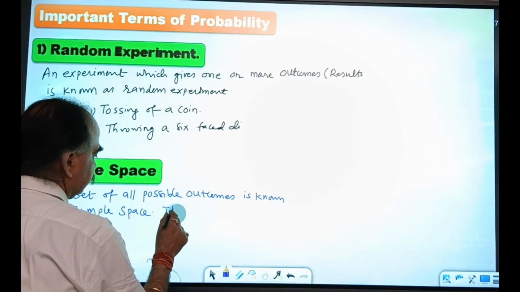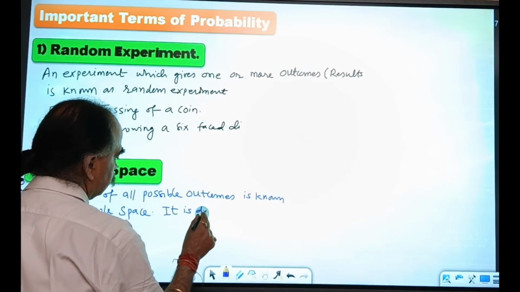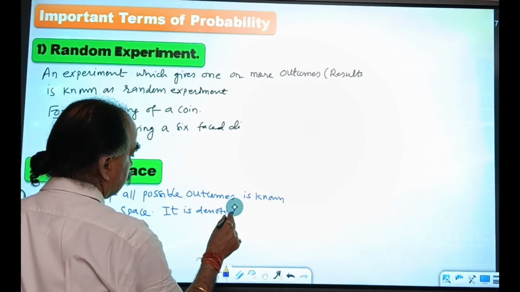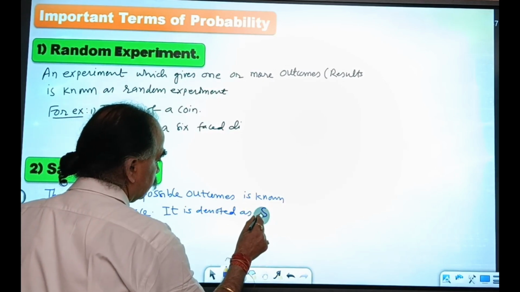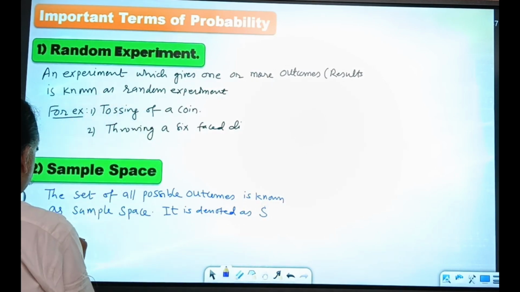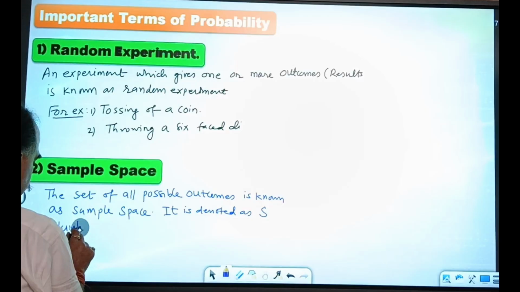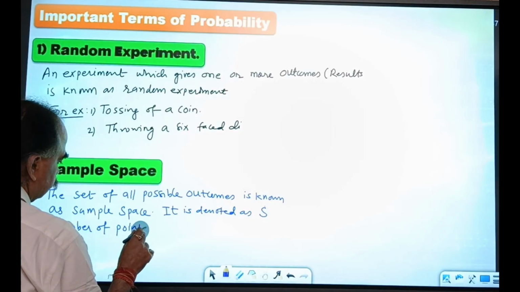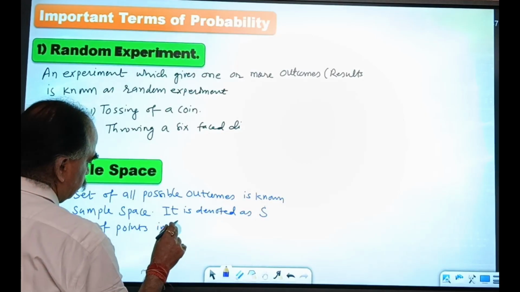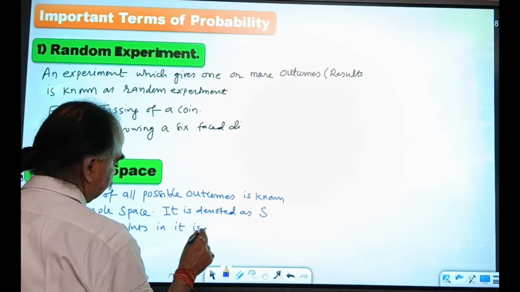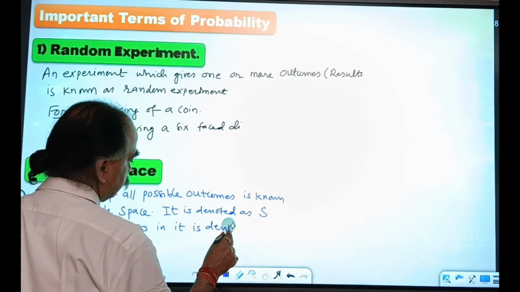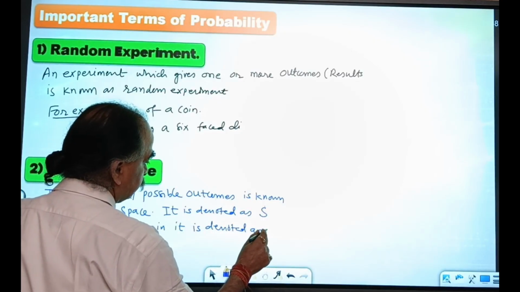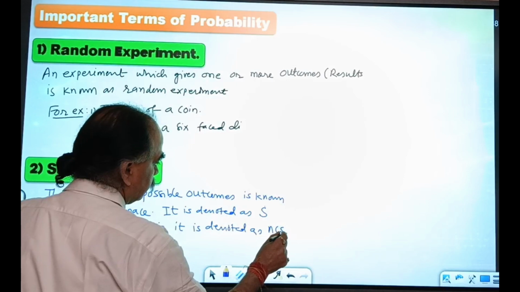It is denoted as S. The number of points in it is denoted as n(S).